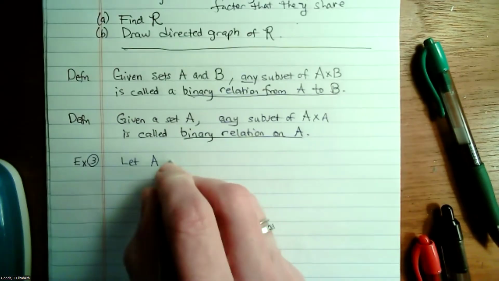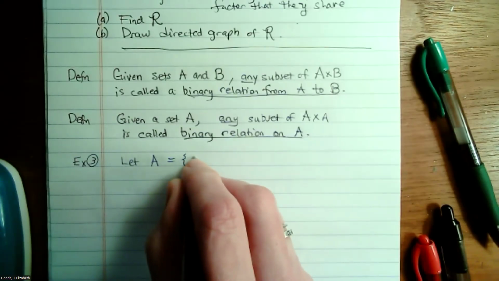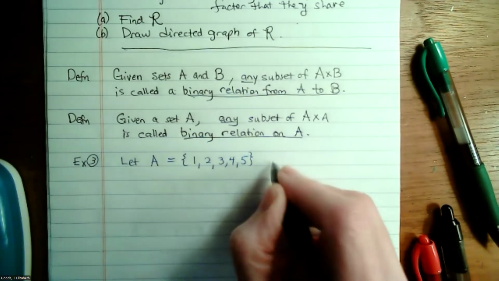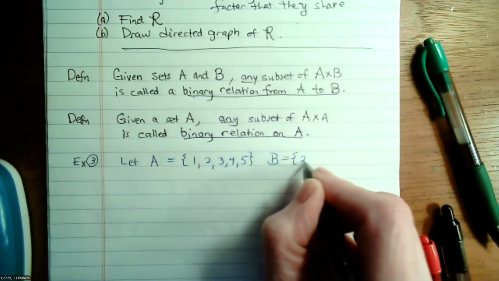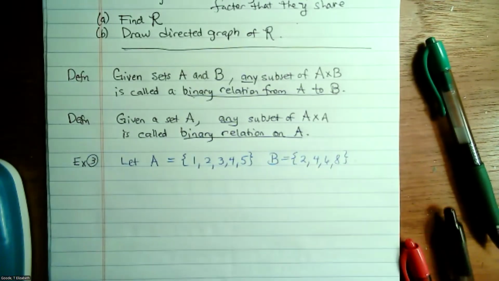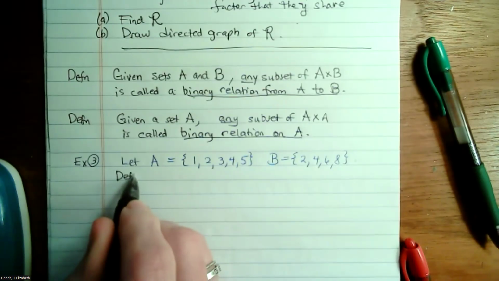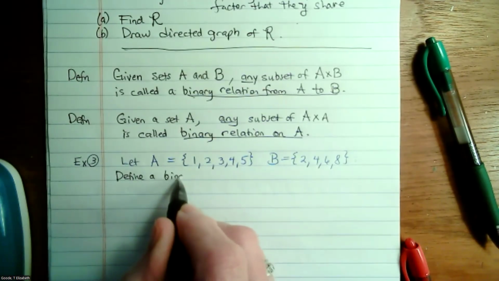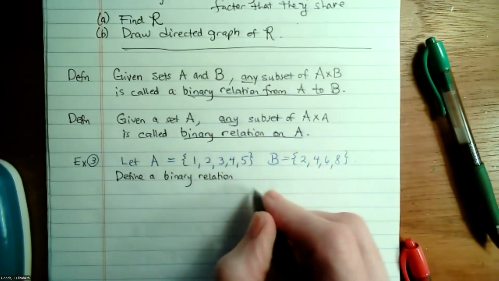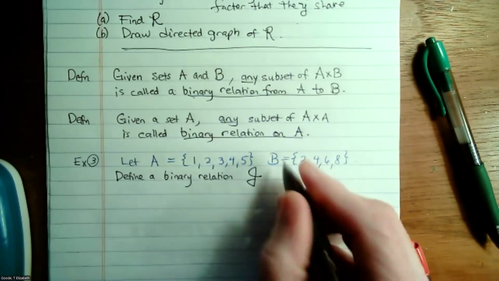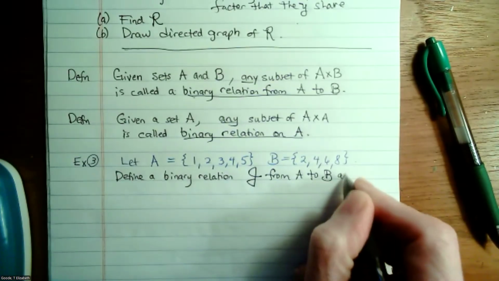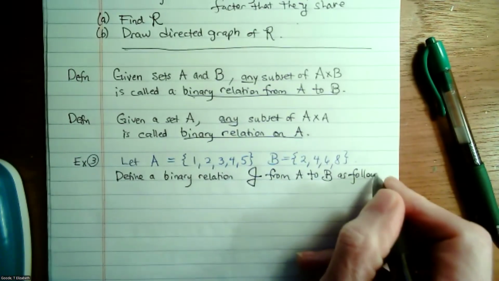Let's let A be the set containing 1, 2, 3, 4, and 5, and B be the set containing 2, 4, 6, and 8. And we can define a binary relation, let's call it J, from A to B as follows.